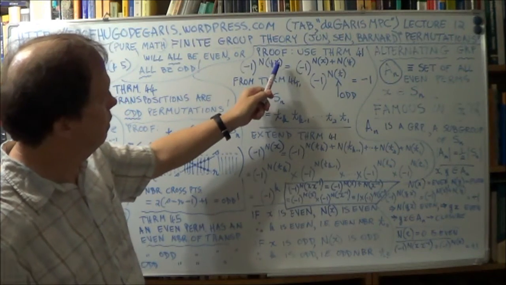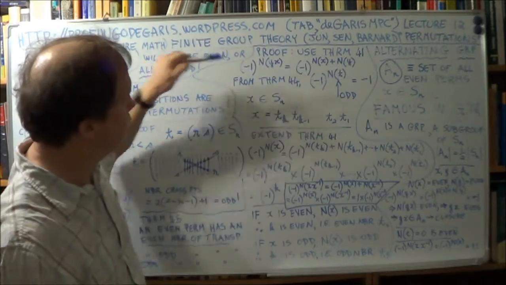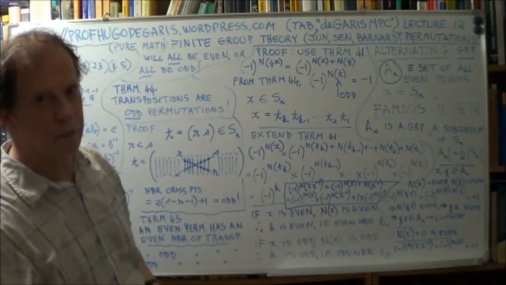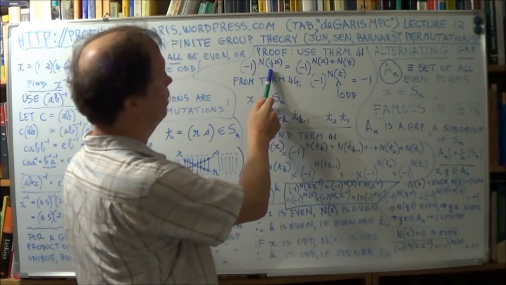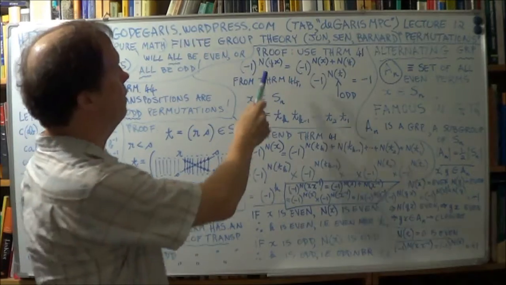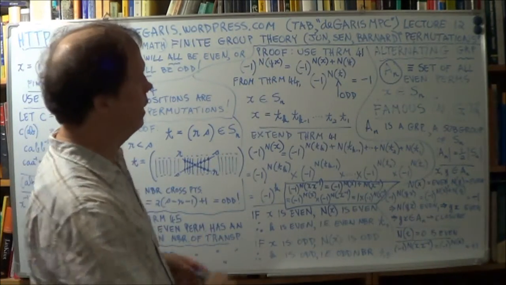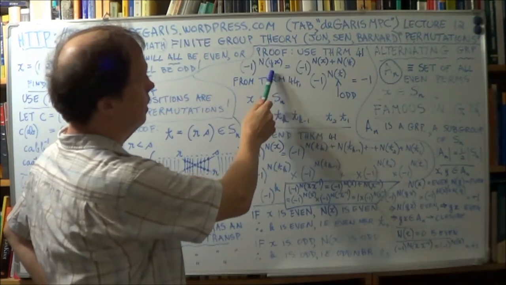Reading from the right, xy, or reading from the left, yx, that's the permutation you get by first doing permutation x followed by permutation y. So this big N, this term here, is the number of reverse pairs after you transform x and then y.